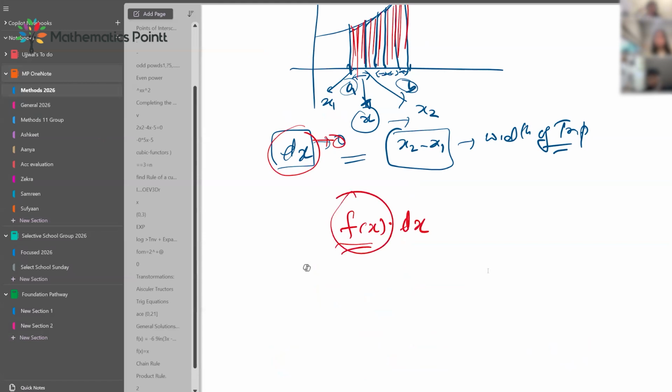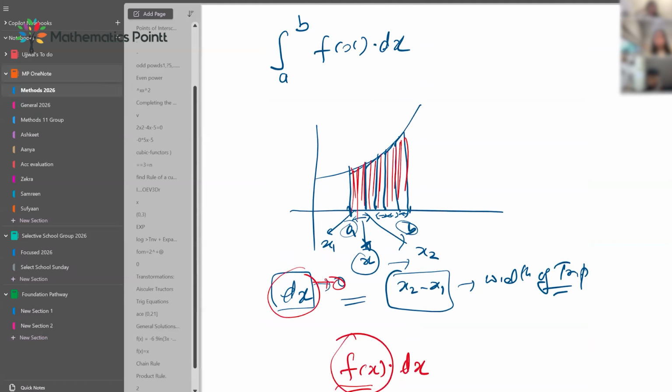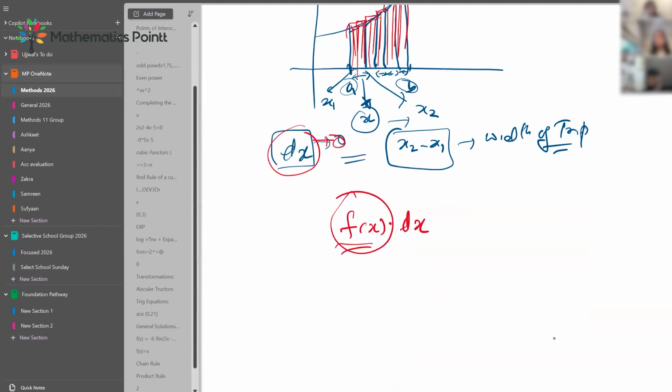F of x is the y. If you consider this to be a rectangle, then you have infinite rectangles rather than trapezium. So be it. So what is the area of a rectangle? This is the length, f of x, the y, f of x1, and the width, dx, right?